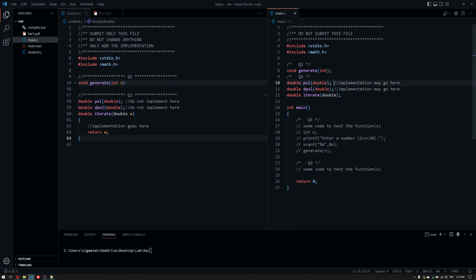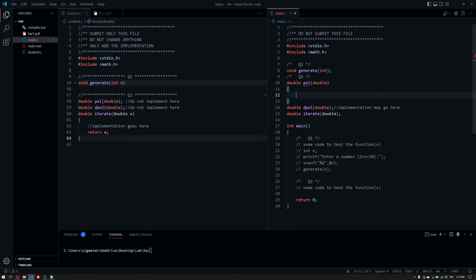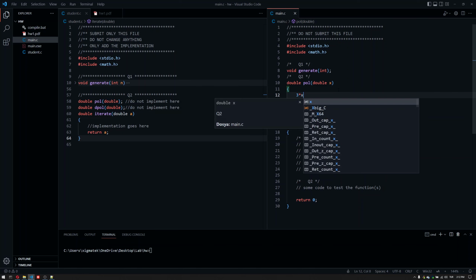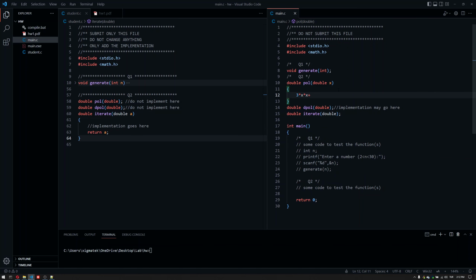Now, therefore, we have this implementation may go here. I'm going to just implement it here. And let's have double x like this. Let's have 3 times x plus 4 times x for some reason. So 3x squared plus 4, or should we complicate it a little bit more? Let's have x cubed plus 2 times x plus 3.